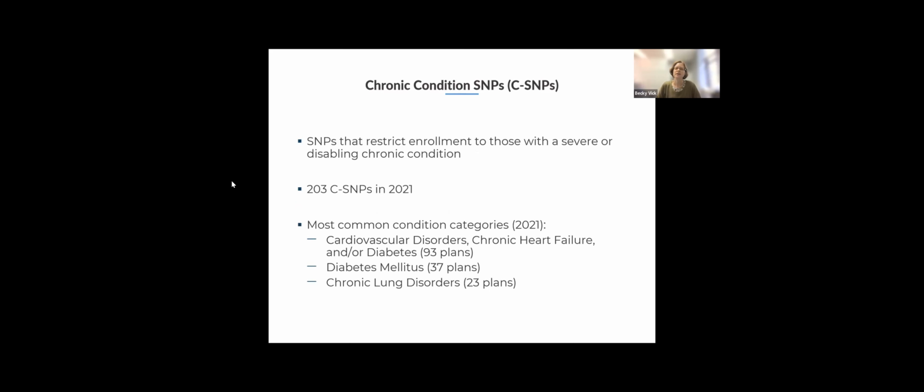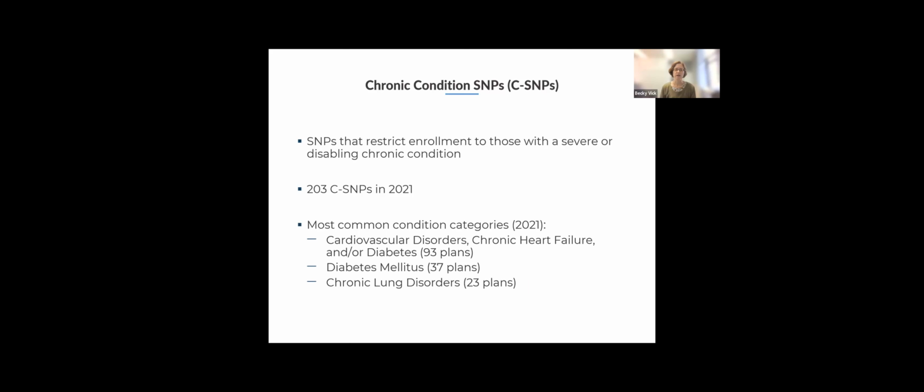The chronic condition special needs plans are plans that restrict enrollment to members with a severe disabling chronic condition. In 2021, I identified 203 of these special needs plans. And the most common condition categories that I encountered in the file for these plans were those listed here.